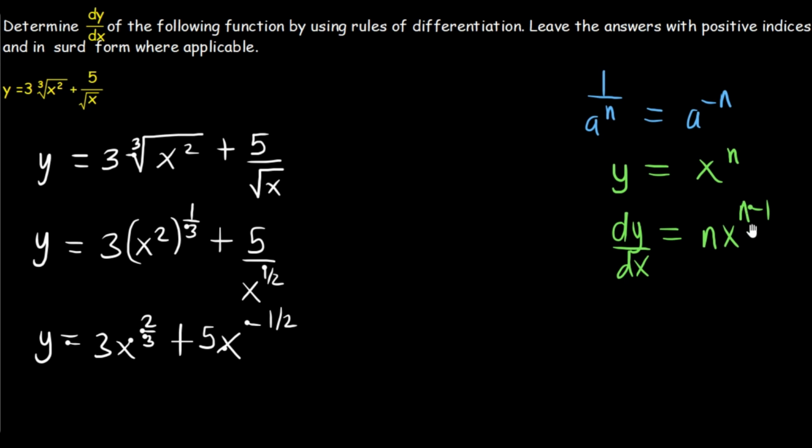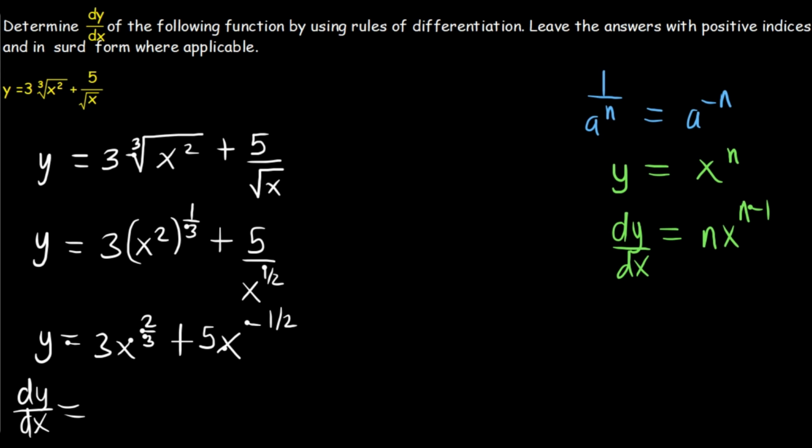Okay, so that's the trick which we are going to use to differentiate this function. We have to drop the power and then subtract 1 from the power on the term we are differentiating. Alright, so let's do likewise. So we have our dy over dx, which is going to be equal to, let's differentiate this first part. Here we have our power, so we're going to drop it as well.